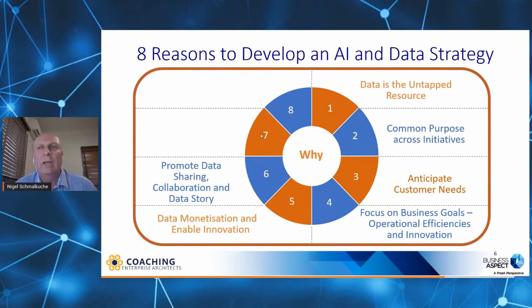So what you need when you set up an AI and data strategy is to promote the idea of data sharing, and promote a community of practice where people from different business areas can come and demonstrate some of the success stories they've had with data. This can gather a bit of momentum. This gets people talking, and then they can jointly fund those foundation items that you need to build that data platform.